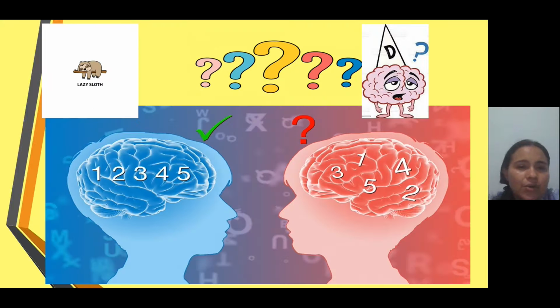But why don't these students learn in the same way as the other students do? Is it because they are lazy or because they are dumb? Of course not. These students with learning disabilities learn in a different way, but they learn in the end.